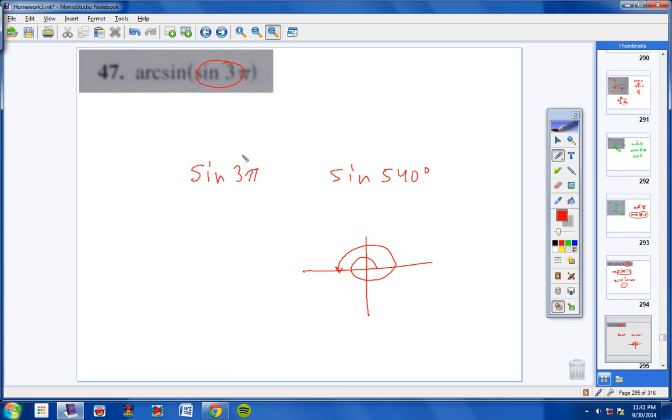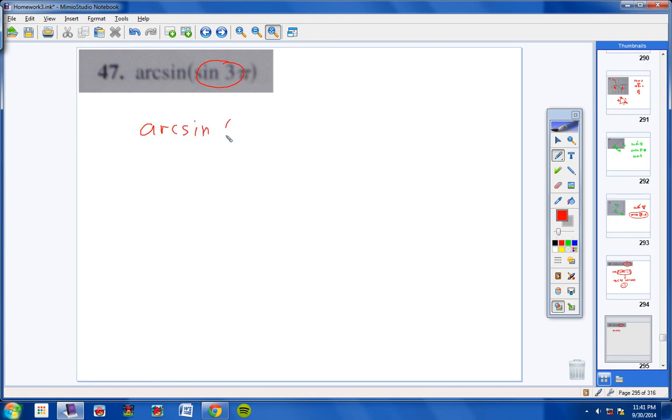So now I have arc sine of what? 0, because sine of 3 pi was 0. So now I'm going to write sine of an angle equals 0. Now be careful. Don't put 3 pi.